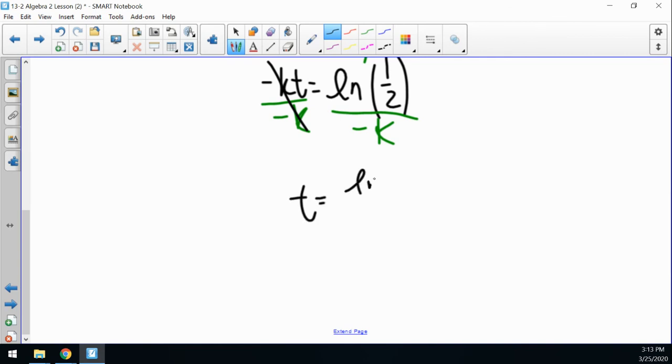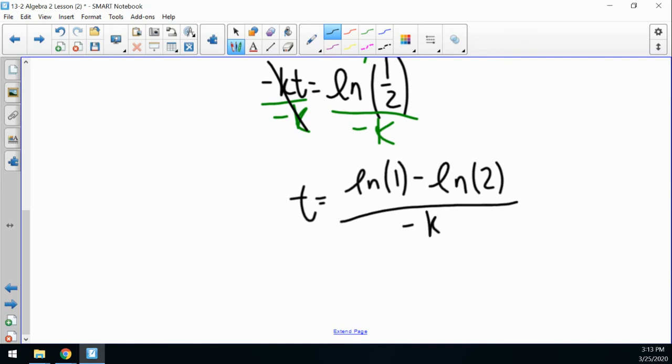Those two cancel out, and I find that t is equal to ln of 1/2, which is really ln of 1 minus ln of 2, all over negative k, right? And you'd actually know that ln of 1 is really just 0. Our negatives both become positive, and we find that t is actually equal to just ln of 2 over k.